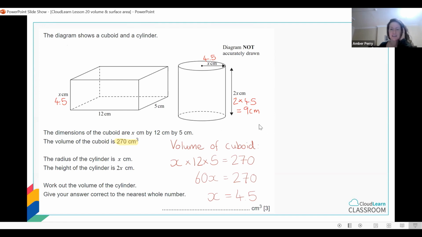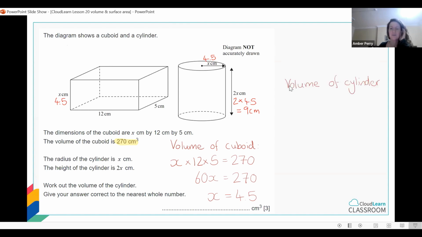The volume of a cylinder was on the formula page, but you should also be able to know it because you know that the area of a circle is pi r squared, and then it's multiplied by the height. It's exactly the same as another prism. It's a circular prism. So it's the area of the cross section times the height.